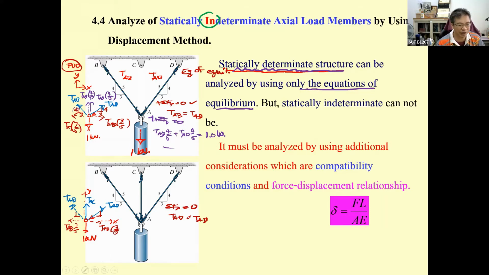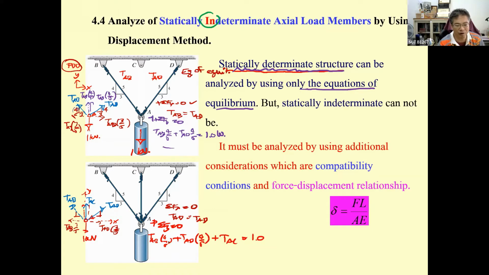However, when you do the summation of the F sub y equal to 0 upward, now you have T sub AB times 4 over 5. This is going to be the component here. T sub AD the same thing, plus T sub AD times 4 over 5. But now you have T sub AC, and then that is going to be 1.0.